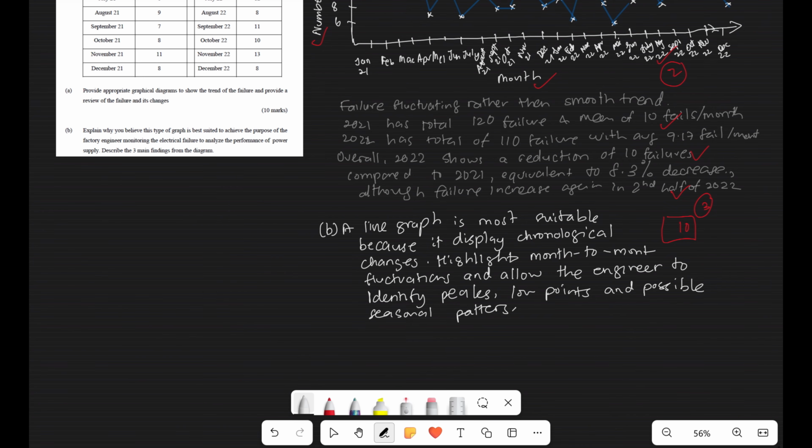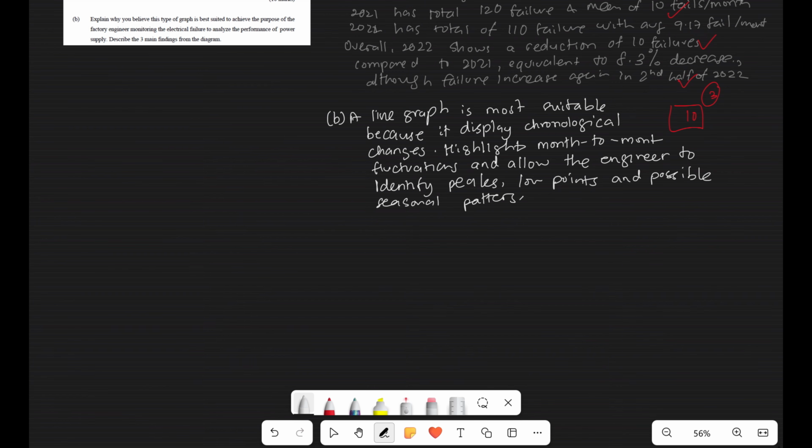Okay. And then 3 main finding. Right, 3 main finding.